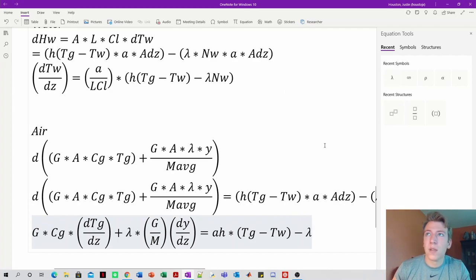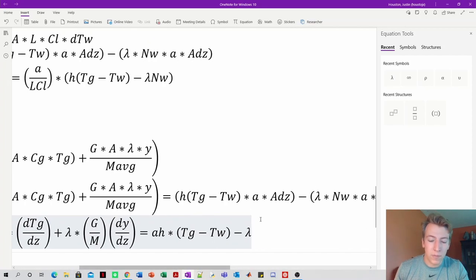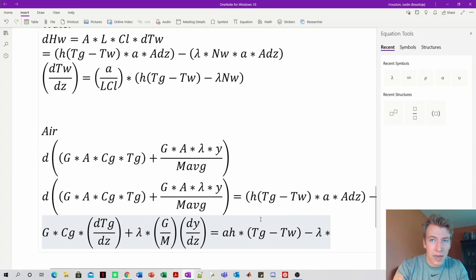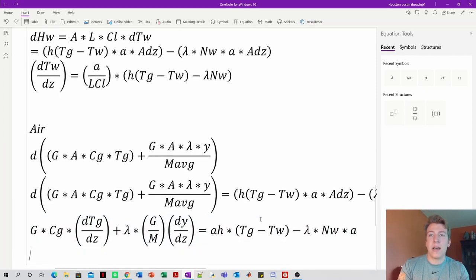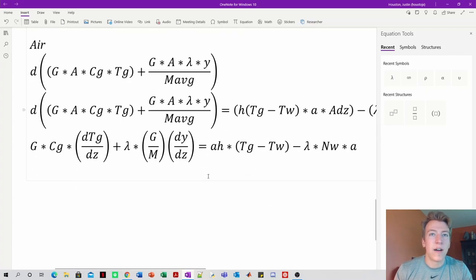And we can slide this over just to see it. Enthalpy of vaporization times that molar flux of the water vapor times the specific area again. So that leaves us to the final differential equation.